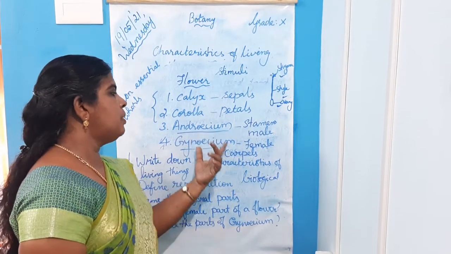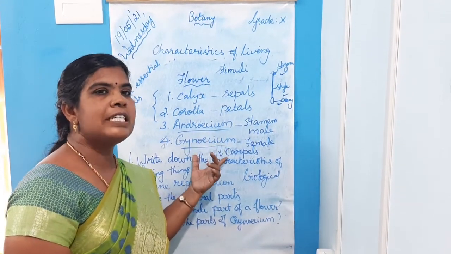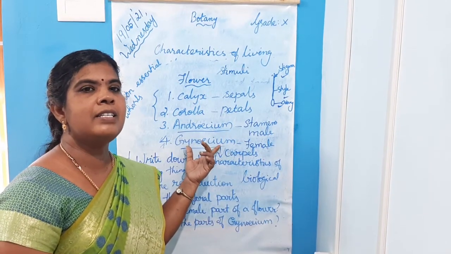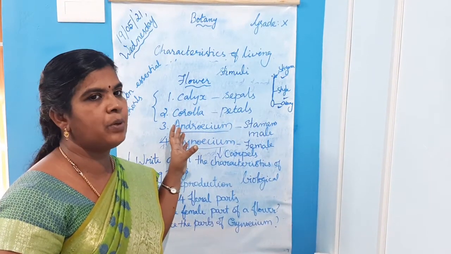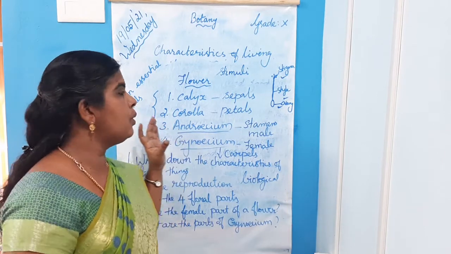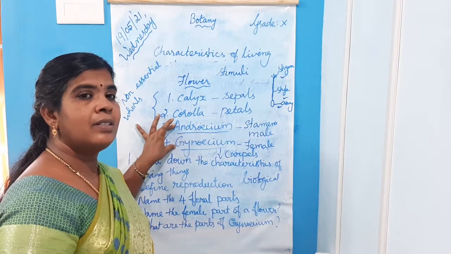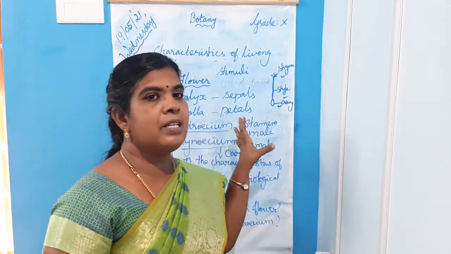Androecium and gynoecium are termed essential parts of the flower because these two directly take part in reproduction.